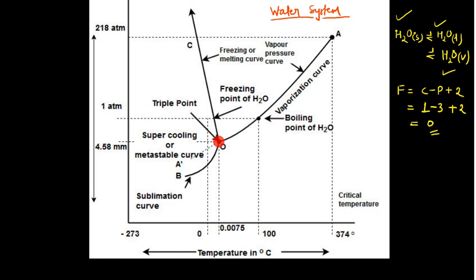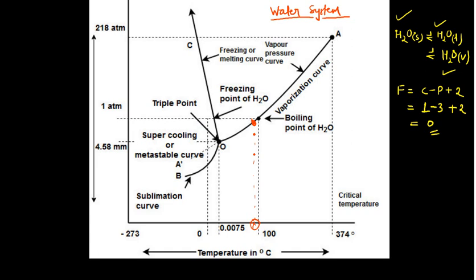To describe the triple point, you cannot vary either temperature or pressure. For example, if you vary the temperature and move in this direction, reaching somewhere here, then the triple point has gone now. So you cannot vary temperature.